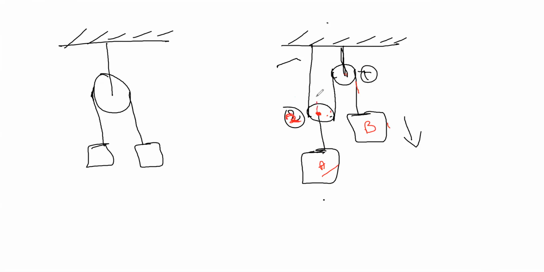If the second pulley moves upwards for a distance of x, then by how much distance will B move downwards? 2x. Let's see. When the pulley is moves upwards x distance, it is covering this part of x, this part of x also. Means for this pulley to move upwards for x distance, it is taking x from the left side, x from the right side. Means total 2x of the same rope. Correct?